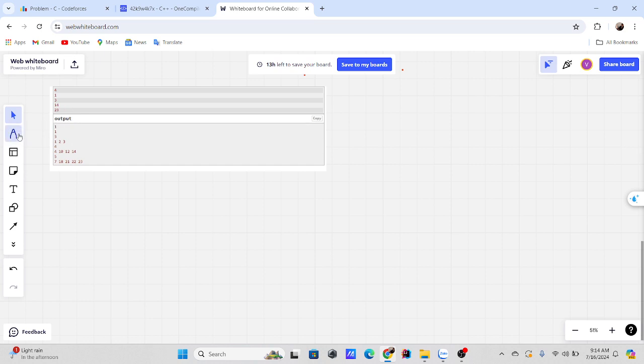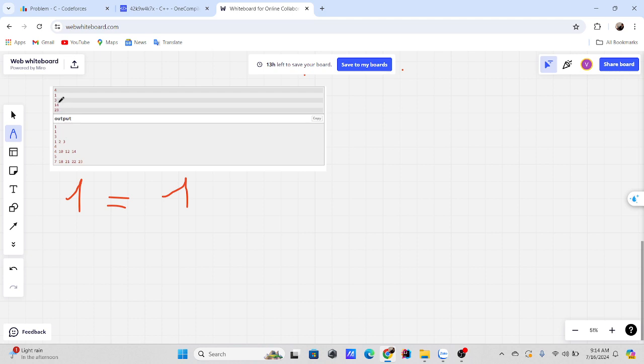So let's try to find a pattern in those test cases before I explain the solution. First and foremost, the first test case, when n is 1, the total number of the sequence is 1, and that is 1, right?